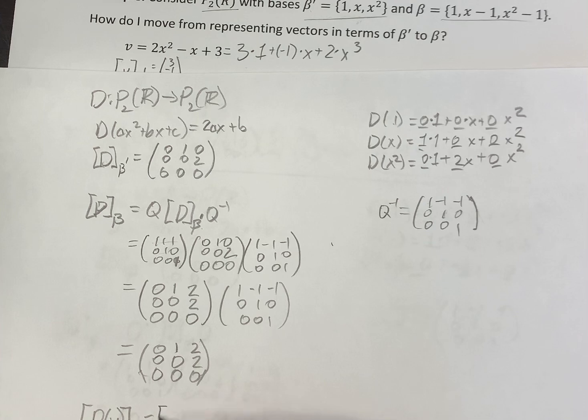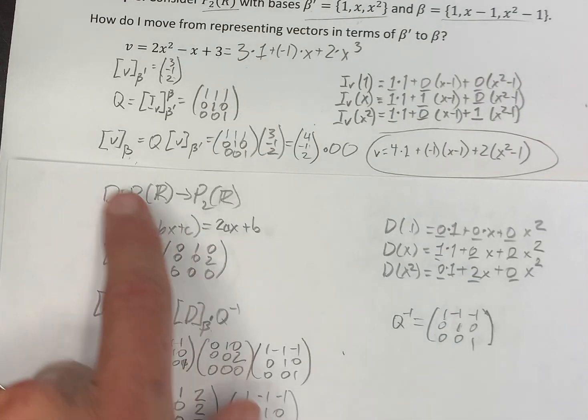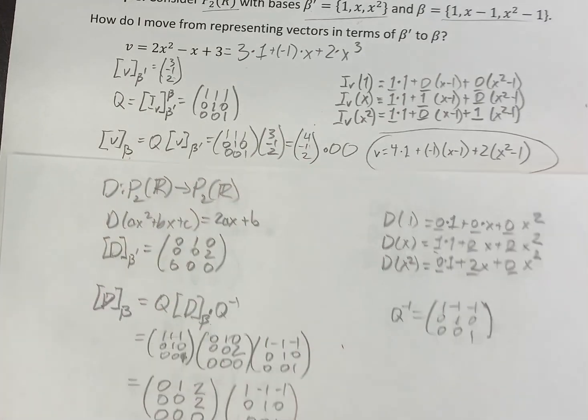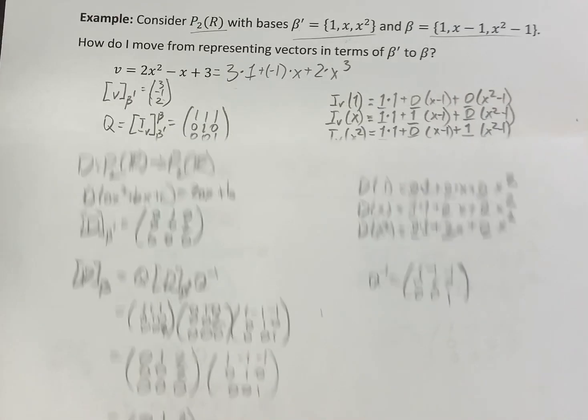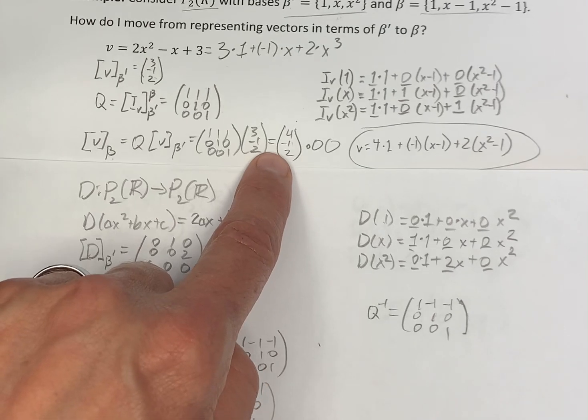So this just takes the matrix we've pre-computed, the representation of V in terms of beta, which we pre-computed right up here too, right? So let's see, what do I have here? I have 0, 1, 2, 0, 0, 2, 0, 0, 0, and this matrix representation 4, negative 1, 2.